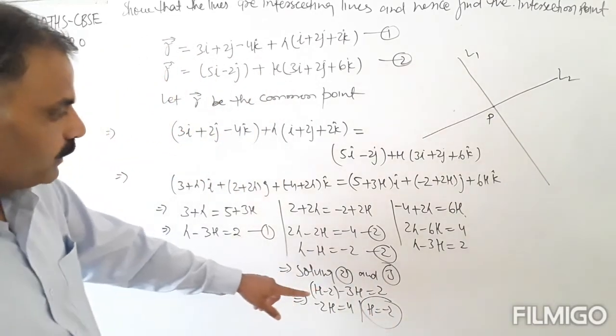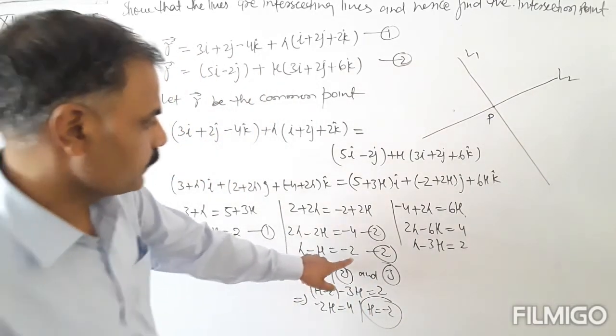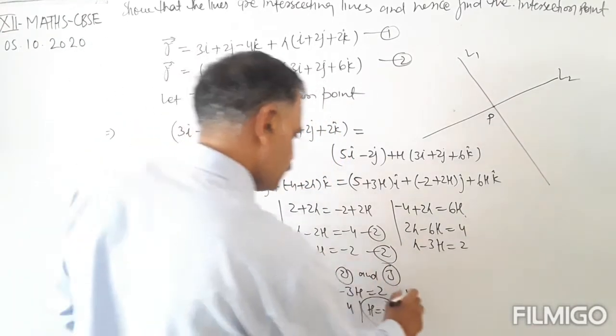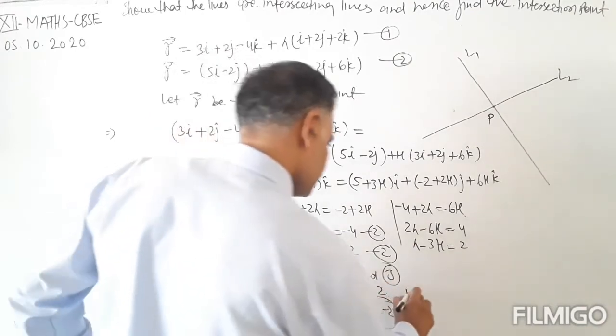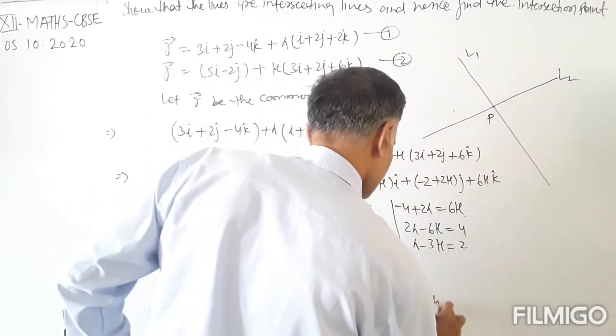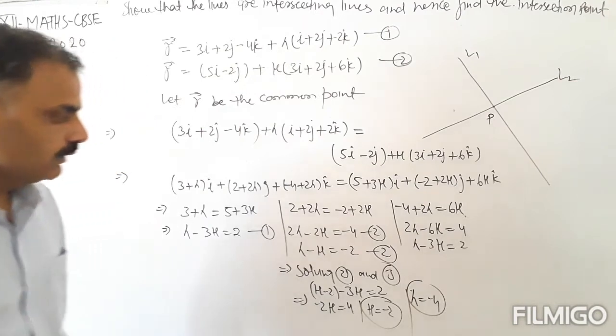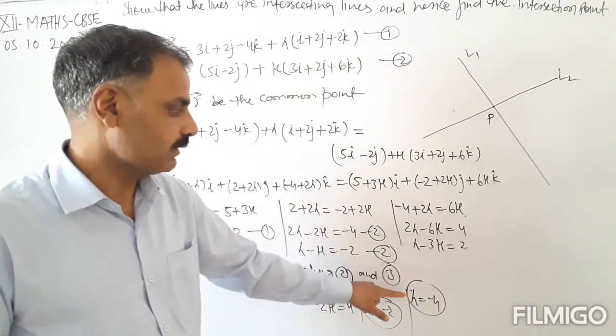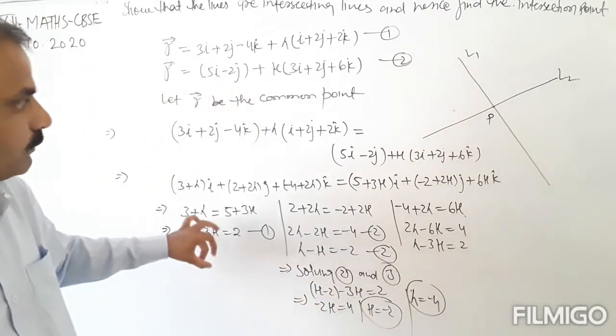Putting mu equals minus 2 in equation second, lambda equals minus 4. So lambda equals minus 4 and mu equals minus 2. Now we put these values in equation number first.